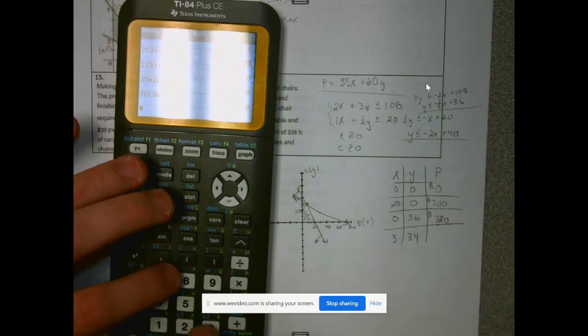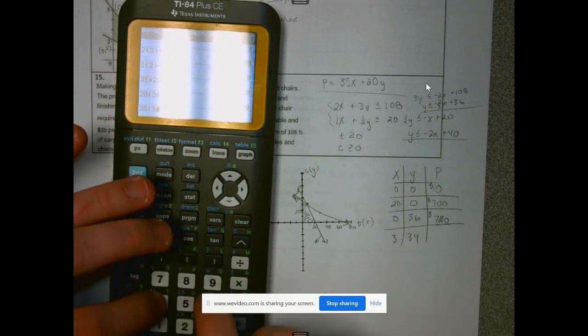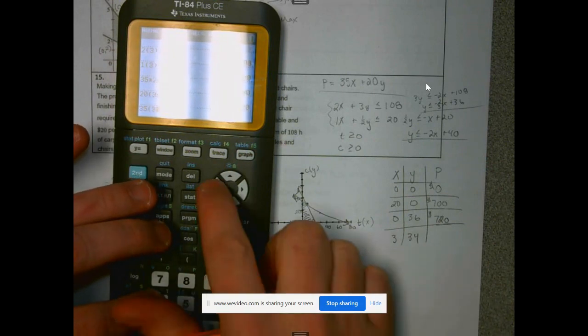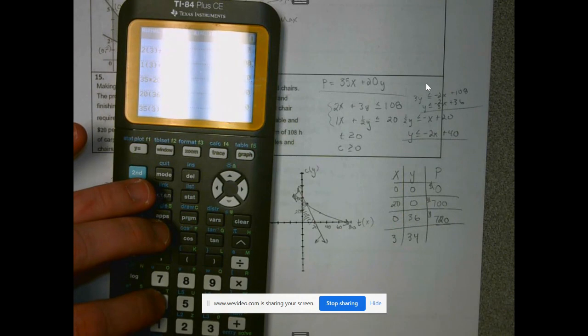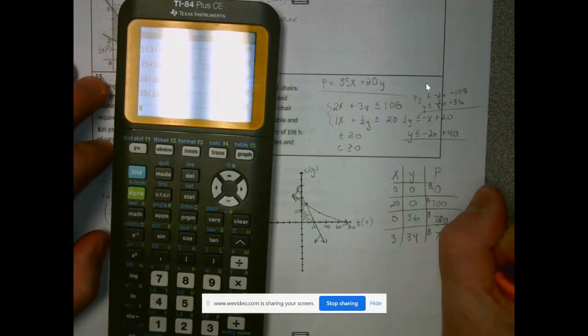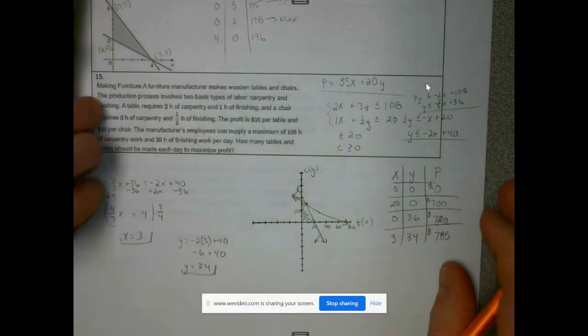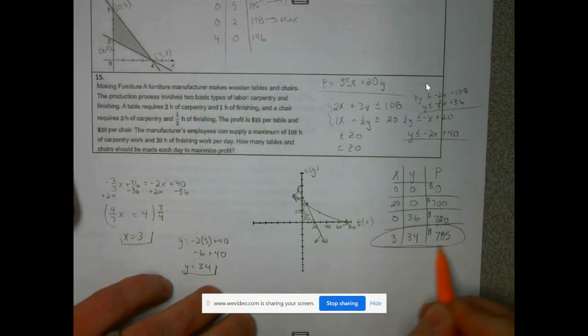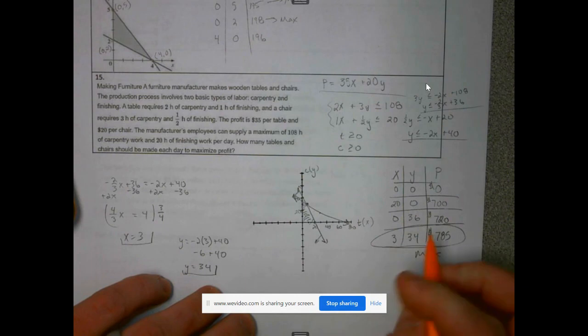And then we have 35 times 3 plus 20 times 34, 785. Okay, so this right here would be our max.